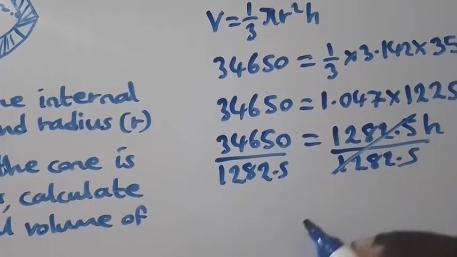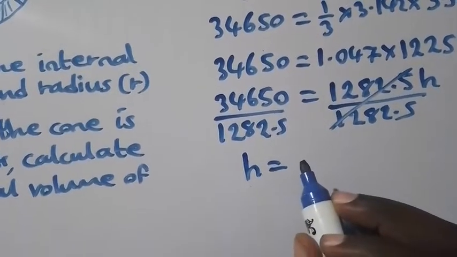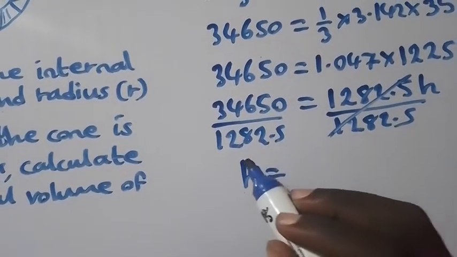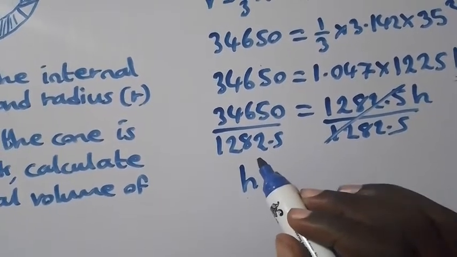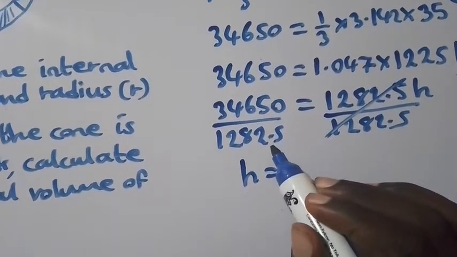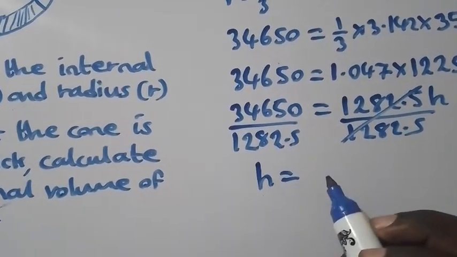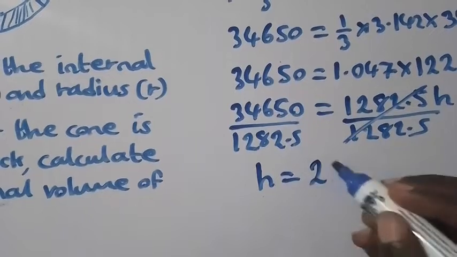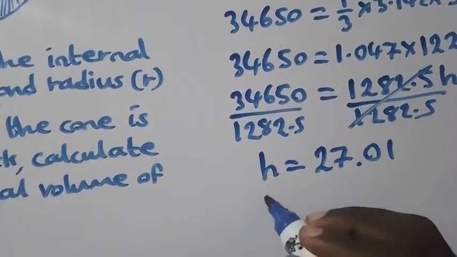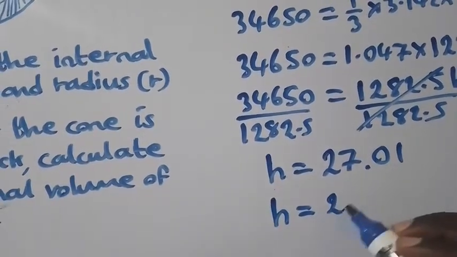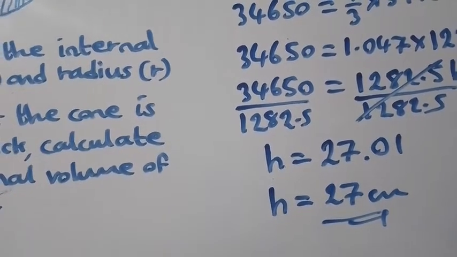So these will cancel. So now if we divide 1,282.5 into 34,650, we are getting 27.01, which is 27 centimeters. So this is the value of h.